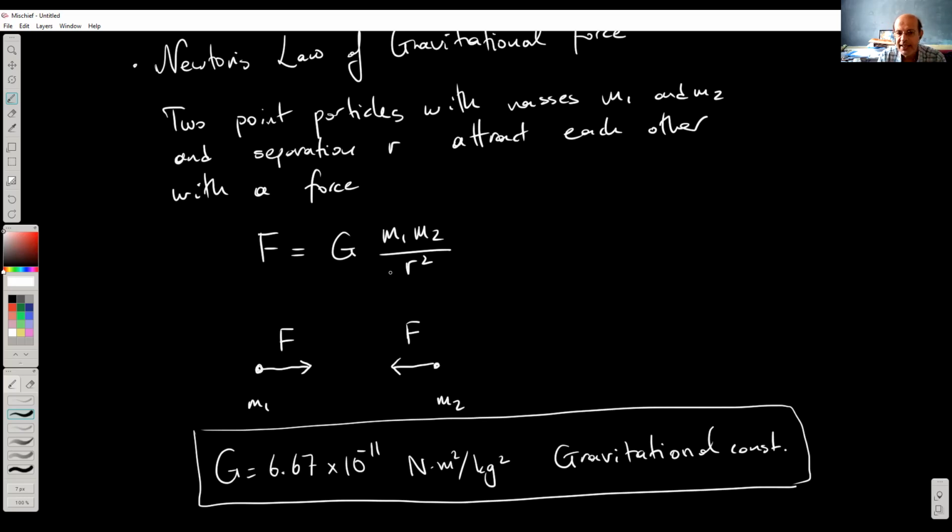Okay, so in any case, there are a few things in here. First of all, these are for point particles, right? We first start with the point particles, as did Newton, basically. Second thing in here is that the masses enter into the law. That's also something that is worth mentioning.